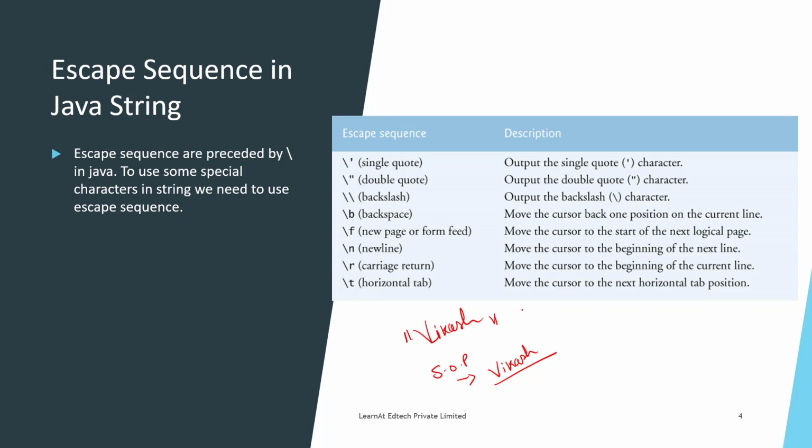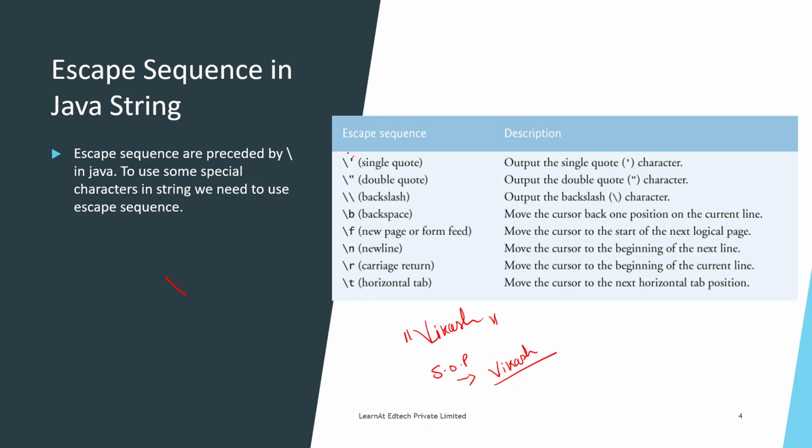So to overcome this problem, escape sequences are used. Escape sequences are preceded by a backslash. To use a special character which has a meaning, we use an escape sequence. This backslash replaces the character before compiling; at runtime it is replaced by the character.